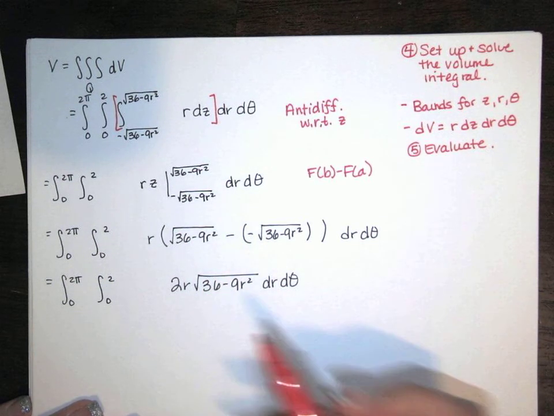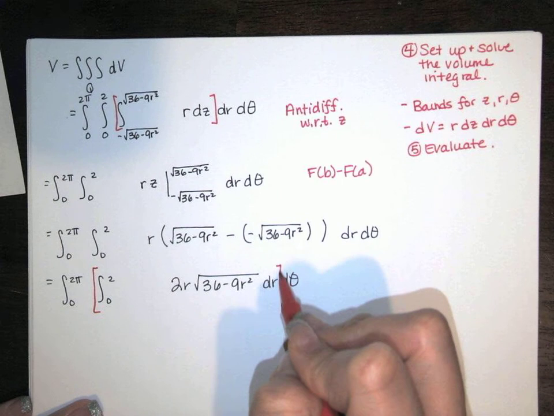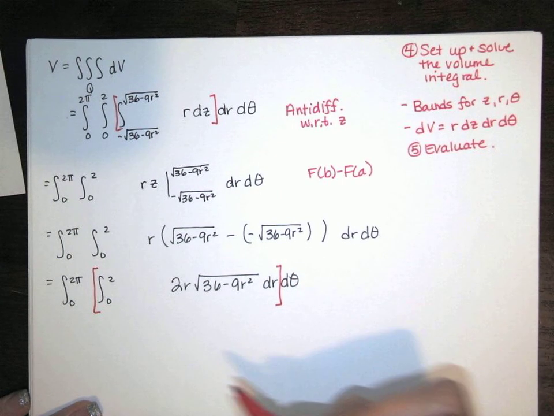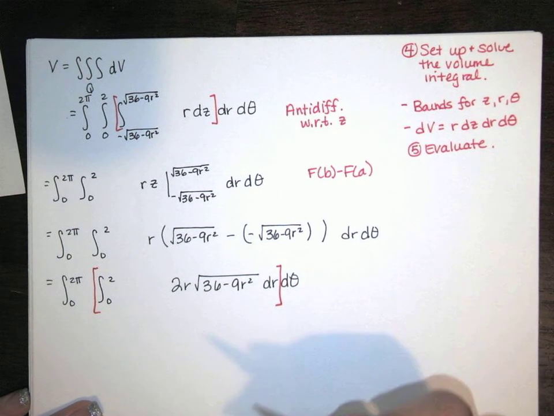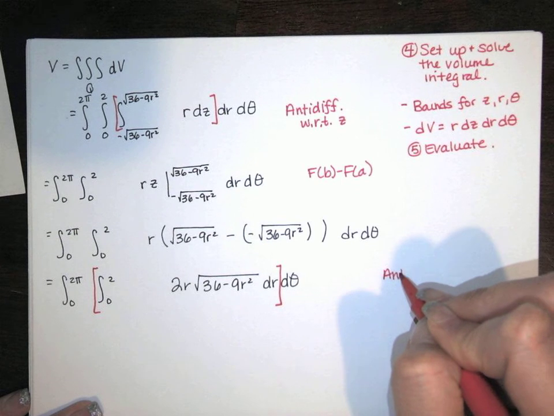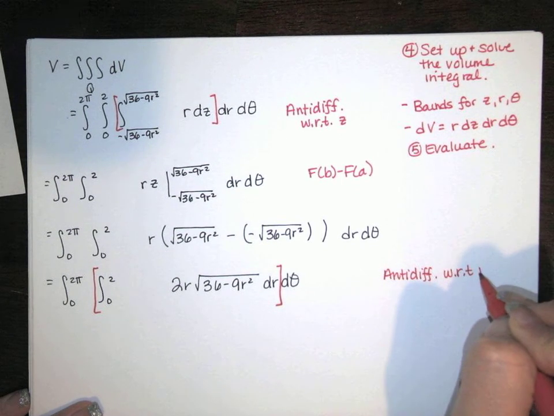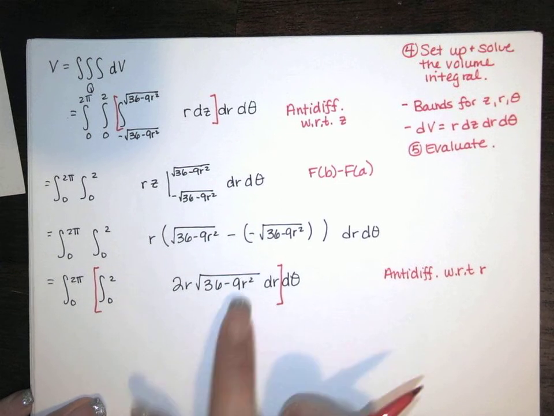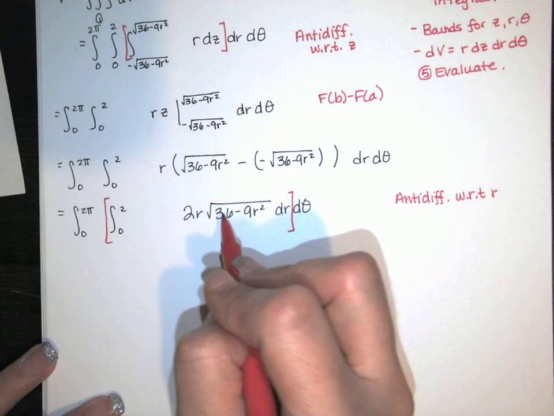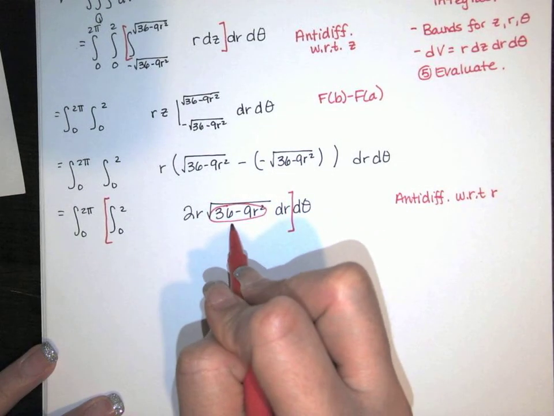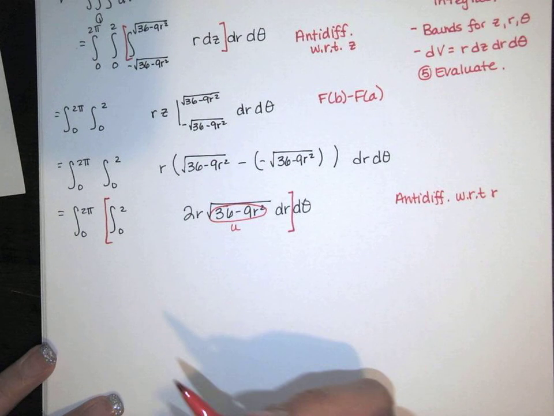Okay, and now we look at this integral and we evaluate this. You say, well, how do we evaluate that? We're going to anti-differentiate with respect to r. And this requires a u sub. The function under the radical is our u.